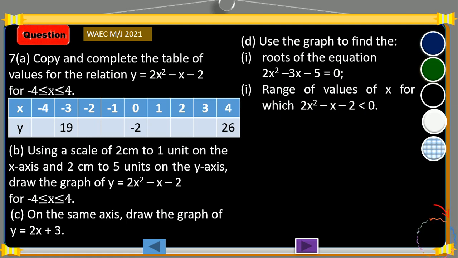On the same axis, draw the graph of y is equal to 2x plus 3. Using the graph, find 1, the root of the equation 2x squared minus 3x minus 5 is equal to 0. 2, the range of values of x for which 2x squared minus x minus 2 is less than 0. Let's see how to solve these questions together now.